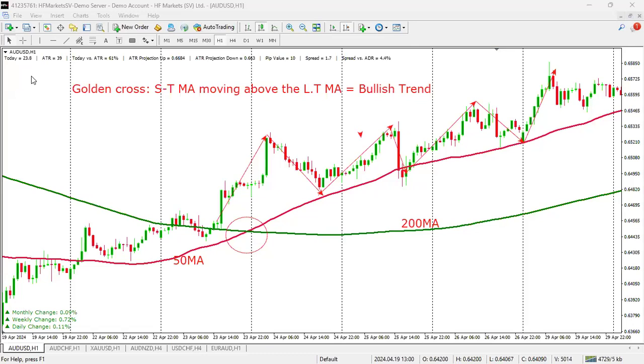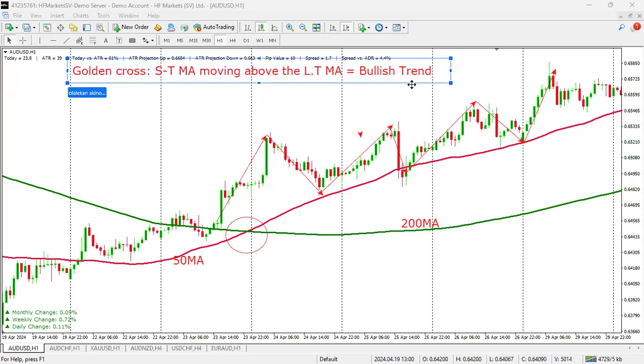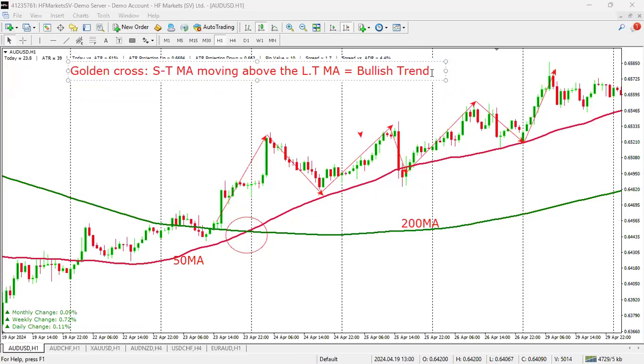But the one we call a dead cross. The dead cross is when your short-term MA moves below the long-term MA, indicating a bearish trend or a downtrend.